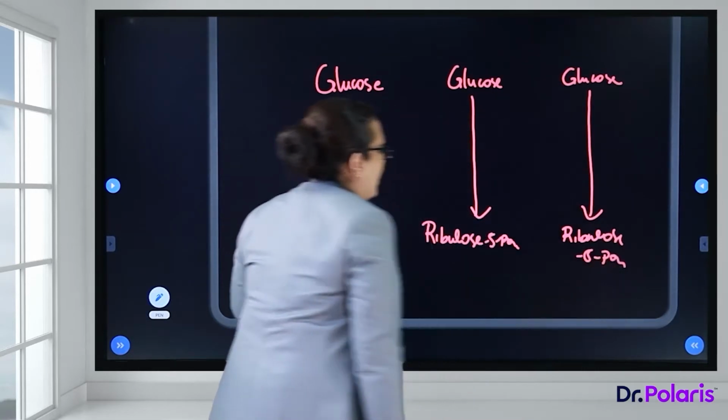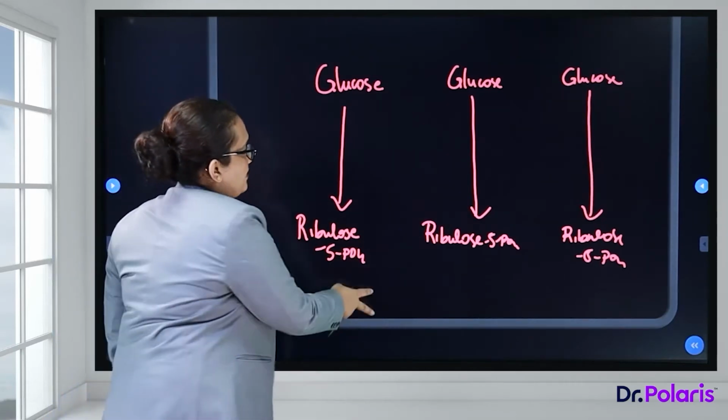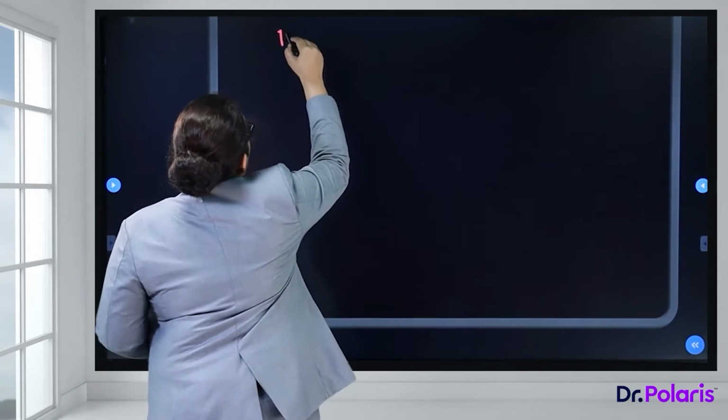So let's have a look at what really happens when these 3 molecules enter the non-oxidative phase.